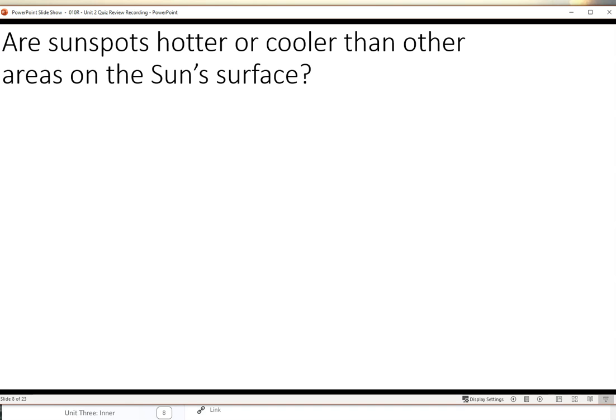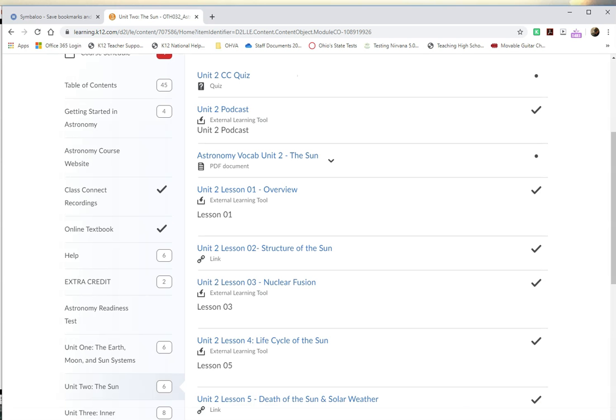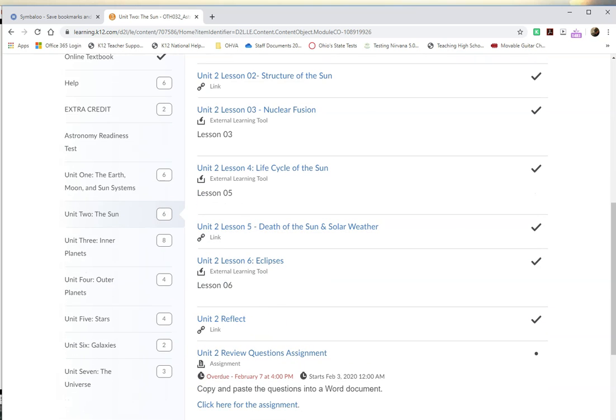Are sunspots hotter or cooler than other areas on the sun's surface? So, death of the sun and solar weather, that's where you'll find information about sunspots here.